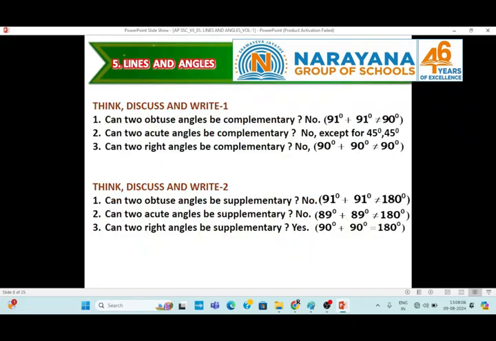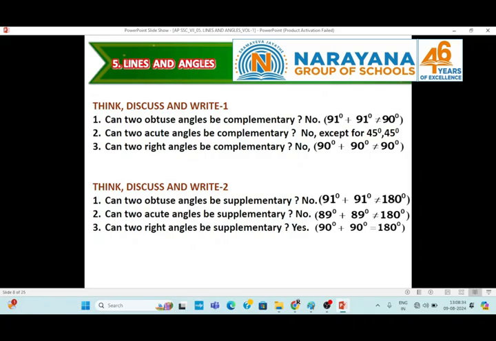From the information we discussed so far, let us have some discussion from Think, Discuss and Write, the first and second ones from the textbook. Can two obtuse angles be complementary? Actually no. Why? Because one counterexample is enough to declare the truth of a statement. Obtuse angles are angles between 90 and 180 degrees.